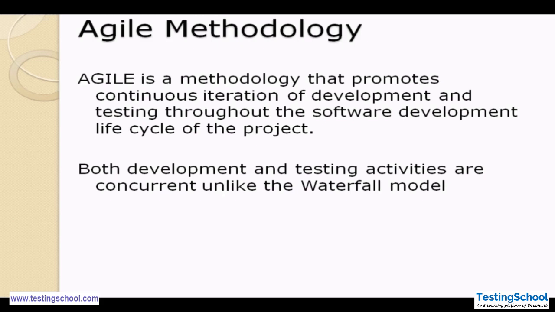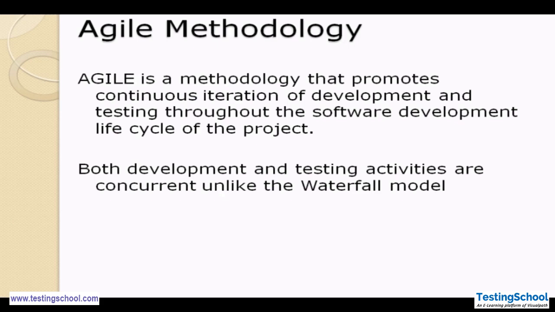So that's why we say that agile is a methodology where we can take continuous iteration of development as well as testing, and both development and testing activities are concurrent, unlike the waterfall model.